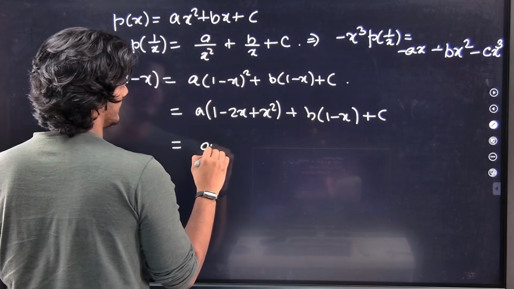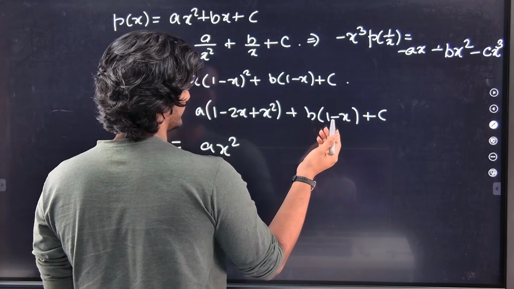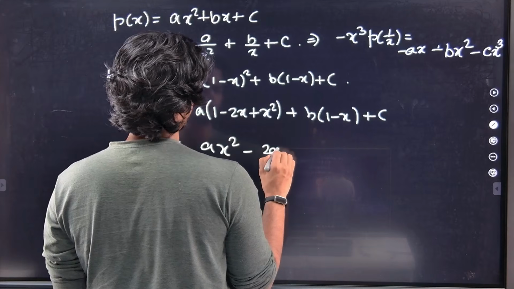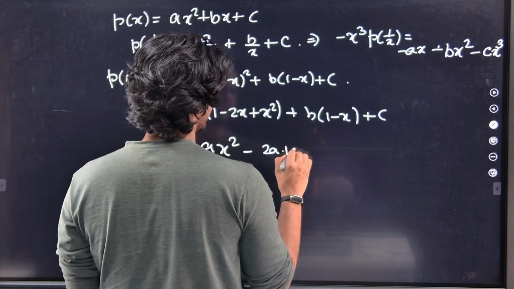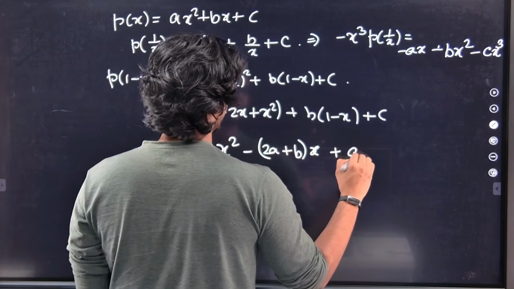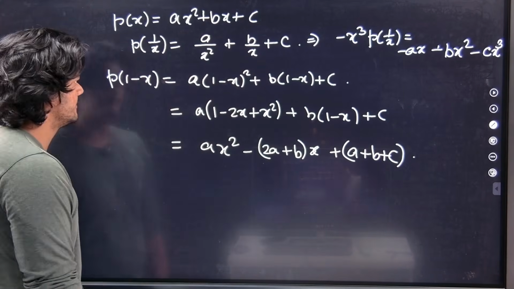So if you see, it is ax square, the coefficient of x will be minus 2a minus b, x plus a plus b plus c. All right.